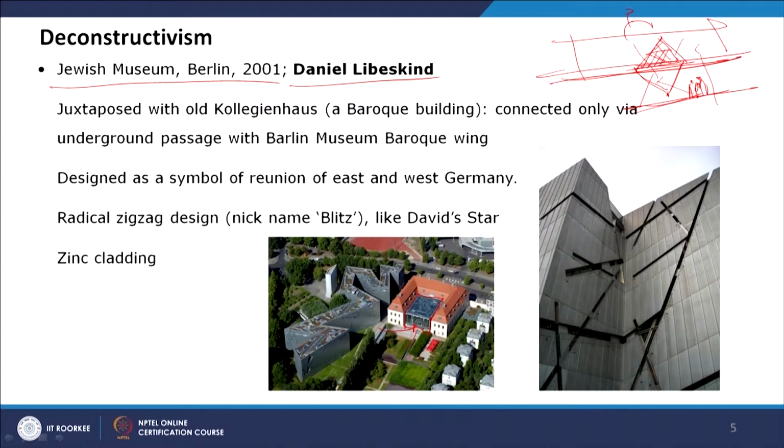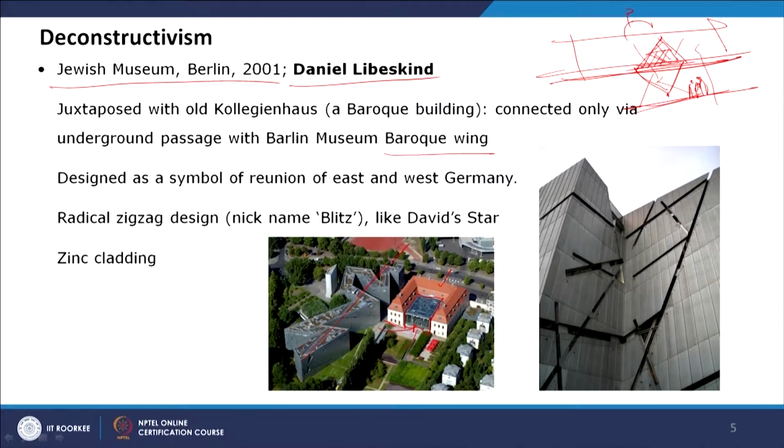This building has an underground passage to the Baroque wing of the Berlin Museum, and this passage connects the buildings. It is designed as a symbol of the reunion of East and West Germany through the journey of the Jews.